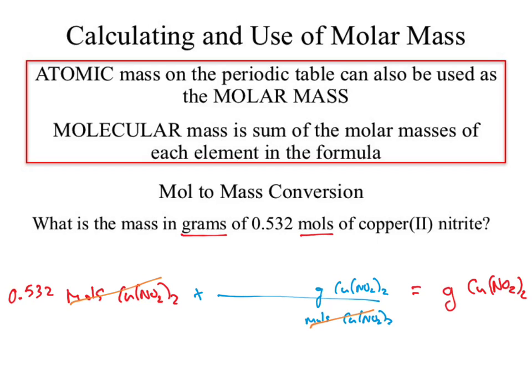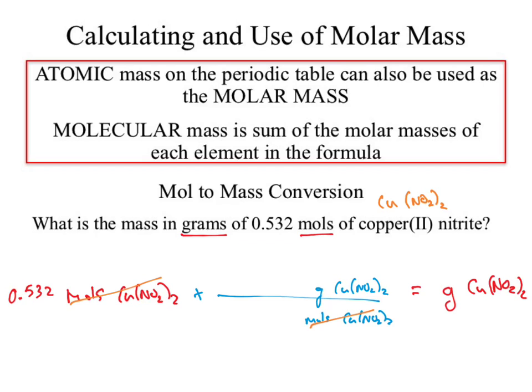But we were supposed to memorize. Kind of, sort of. They tell you that the compound is copper 2 nitrite. You're supposed to know that the conversion between grams and moles for any compound is found in the molar mass.